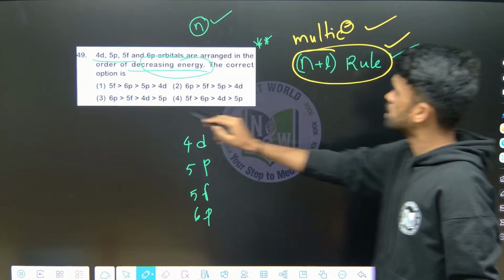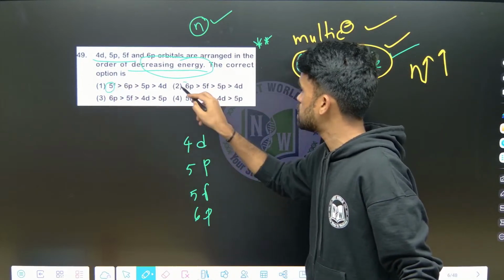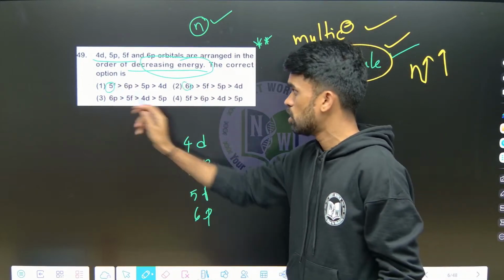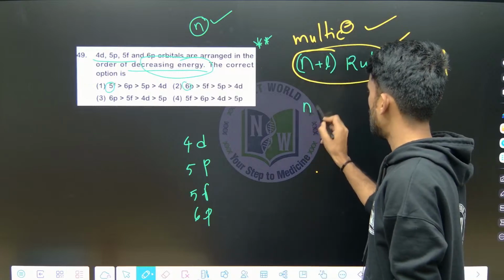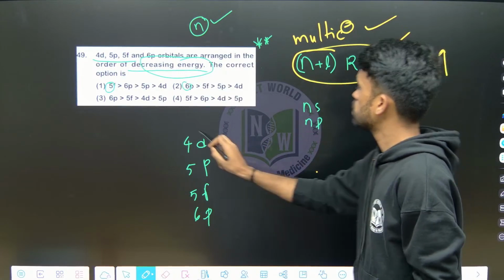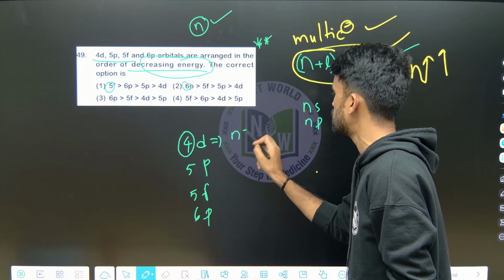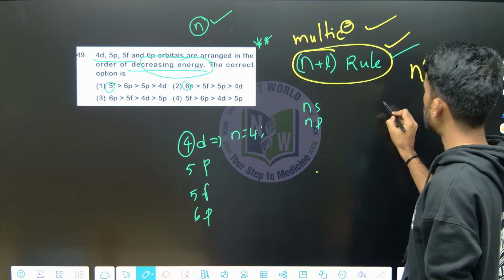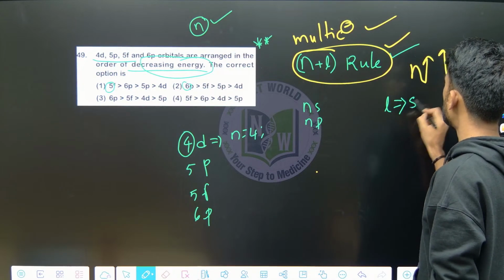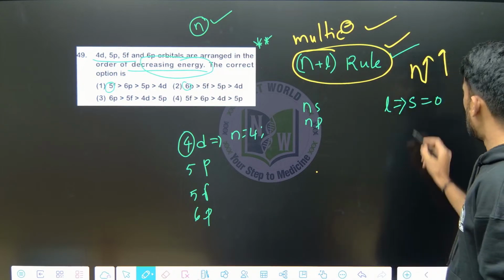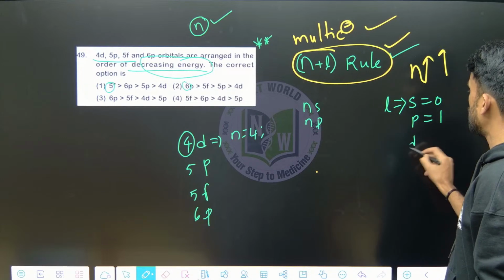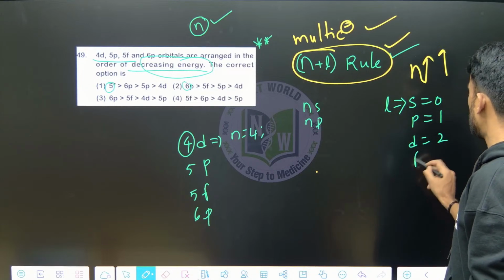The n value is nothing but the coefficient mentioned there, the principal quantum number. Like ns, np. Here 4d is given, so 4 is the principal quantum number, and n value is 4. Now the l value for an s orbital is 0, for p it is 1, for d it is 2, for f it is 3.